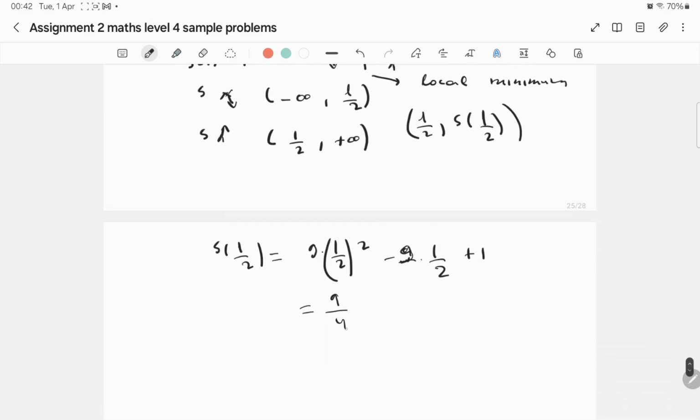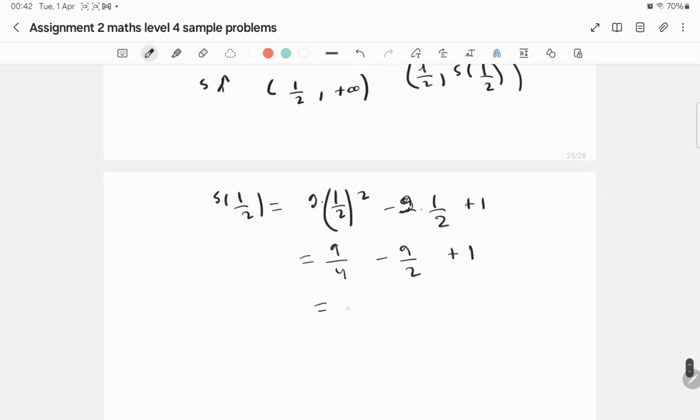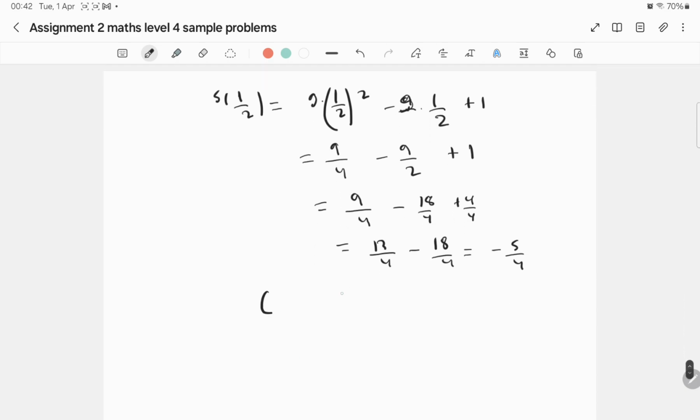So that's 9 over 4 minus 9 over 2 plus 1, 9 over 4 minus 18 over 4 plus 4 over 4, 13 over 4 minus 18 over 4, that's minus 5 over 4. So the minimum point is 1 over 2, minus 5 over 4.